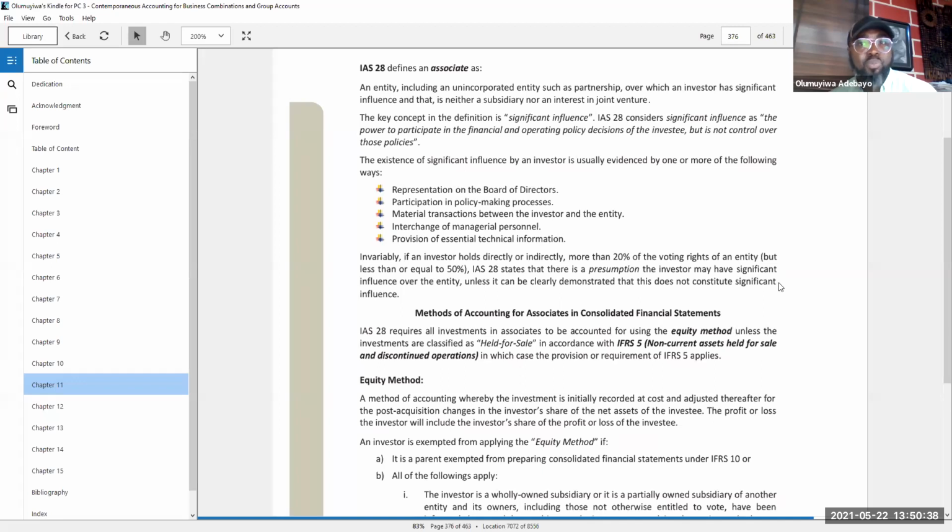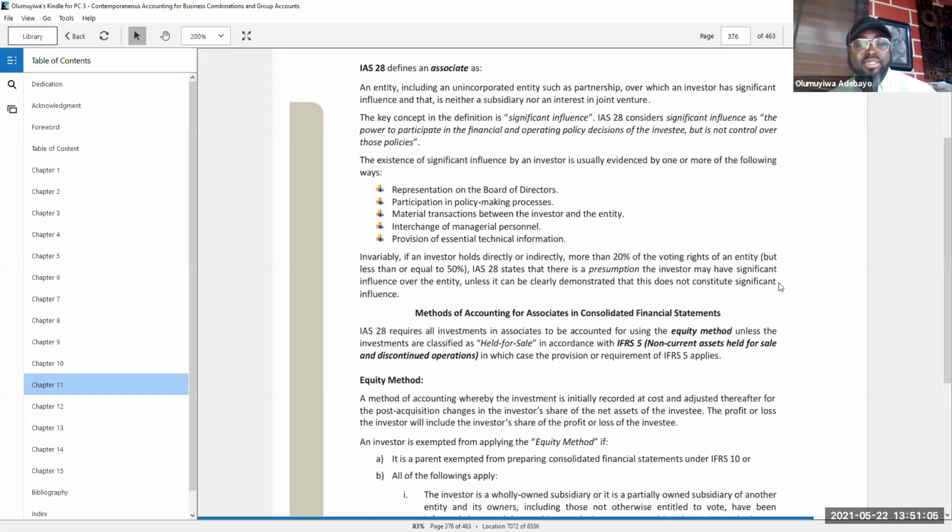And lastly, when such an involvement in the affairs of the investee entity gives you access to essential, technical, privileged information about the affairs of the entity, in that light, it will be considered that you have a significant influence.